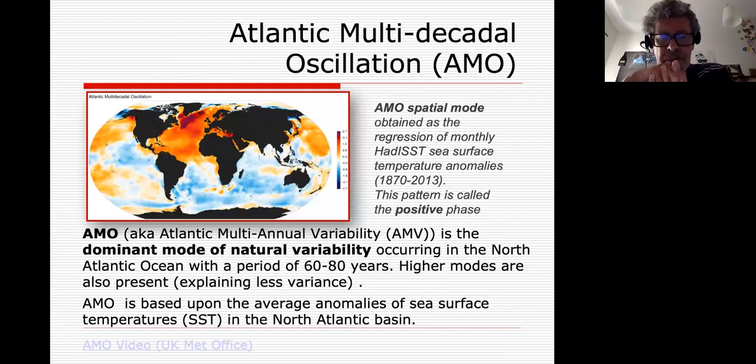We face now one of the most famous, well-studied modes of decadal variability. This is called the Atlantic multi-decadal oscillation, or Atlantic multi-decadal variability. There are two names for the same phenomenon. And this is the dominant mode of natural variability that occurs in the North Atlantic with a period of 60 to 80 years.